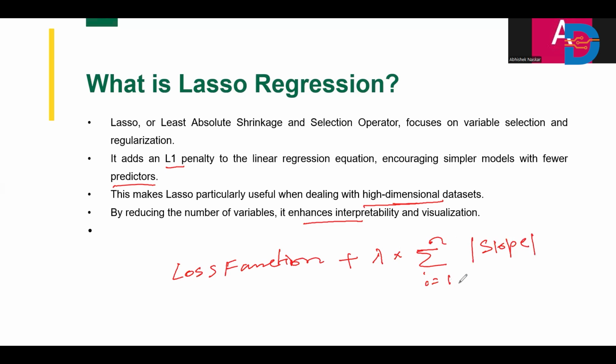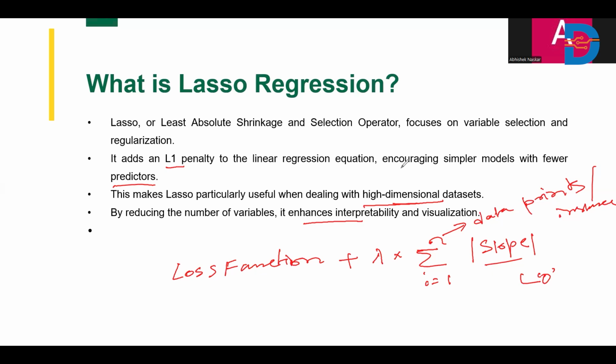Here i equal to 1 to n means the number of data points, or instances, and slope means the coefficient of the features. Whenever the value of a slope becomes 0, that feature is also eliminated. In that way it is also useful for selecting features, which is why it's also called a feature selection technique.